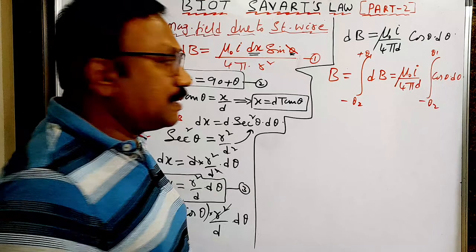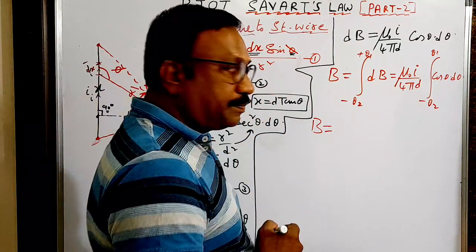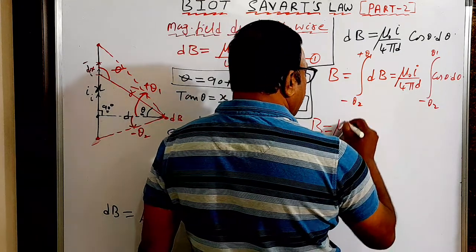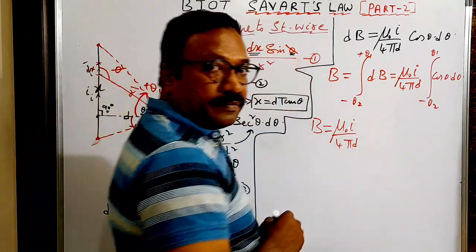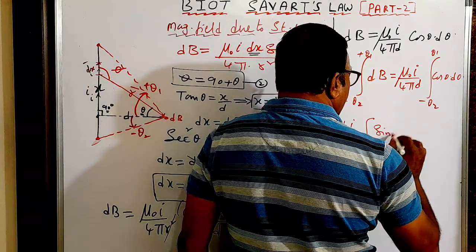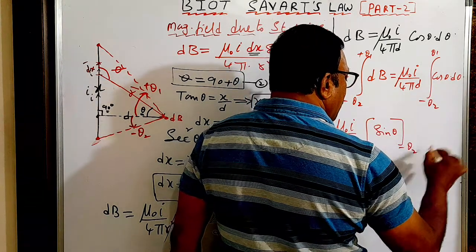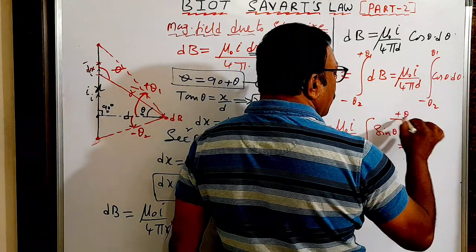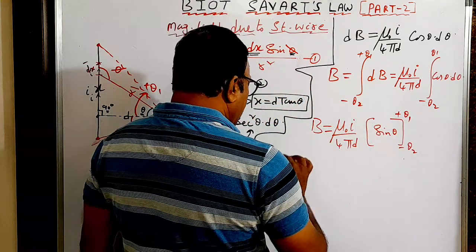That I will be getting here. So therefore B is equal to mu naught I by 4 pi d, integral of cos theta d theta, integration is sin theta. Limits are applicable from minus theta 2 to plus theta 1. So let us apply the limits now.